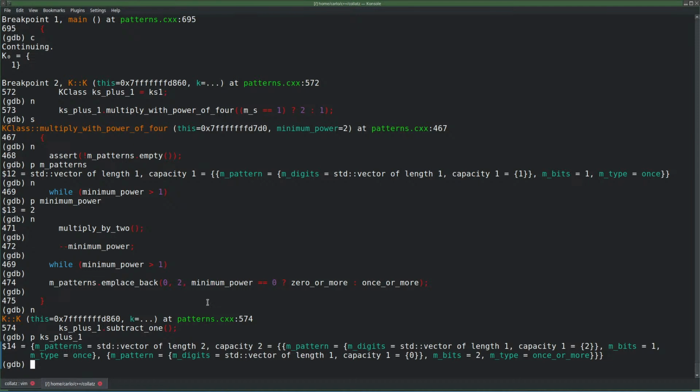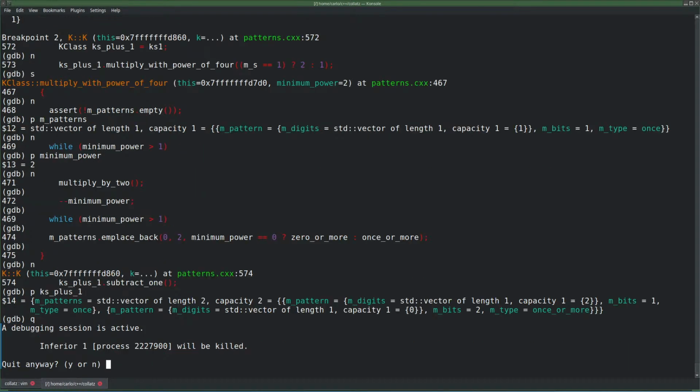Holy moly, loads of code, I don't like it. But yeah, it overflowed anyway.